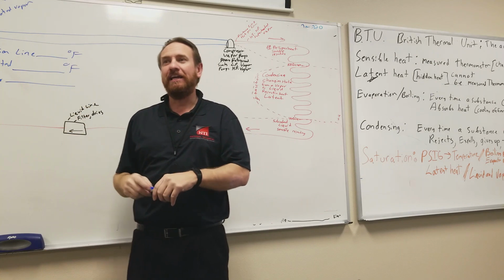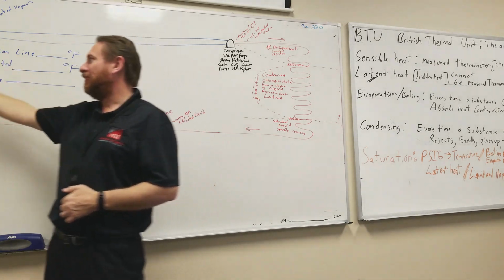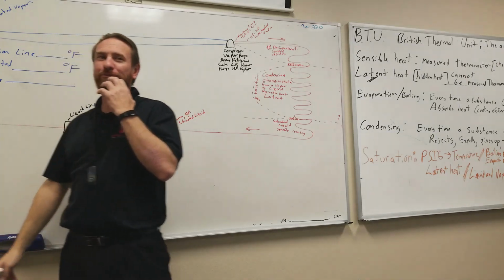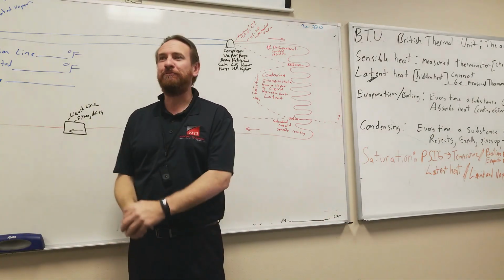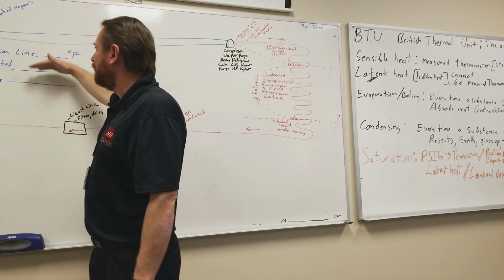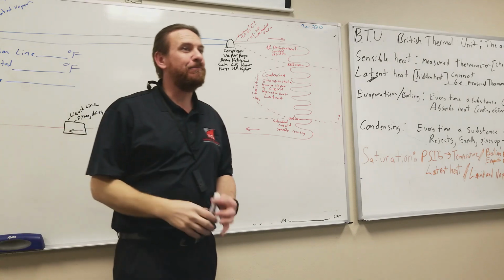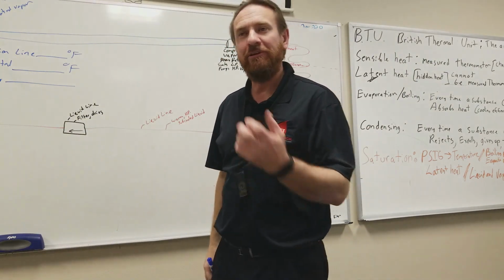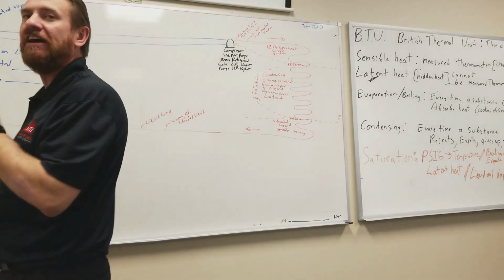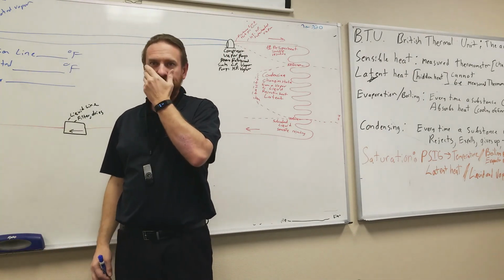Negative superheat would be a liquid. And since I'm at low pressure and I'm absorbing heat into it, it's pretty well impossible to get a liquid. So if you get a negative number, that's important: something's wrong. I should never have a negative number. I need to find out what's wrong.